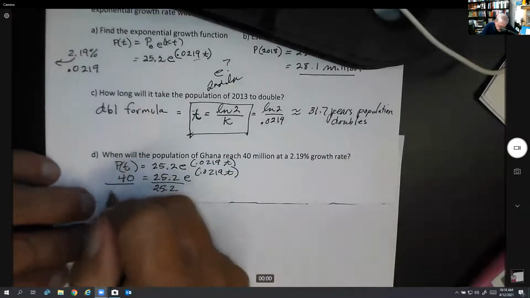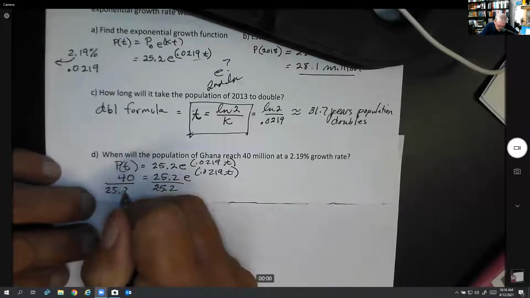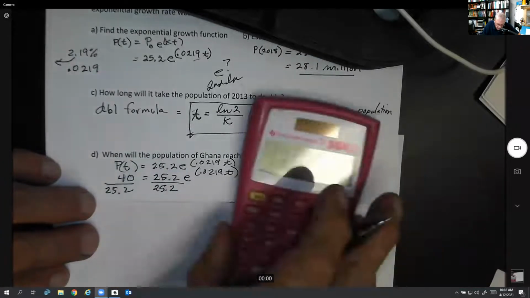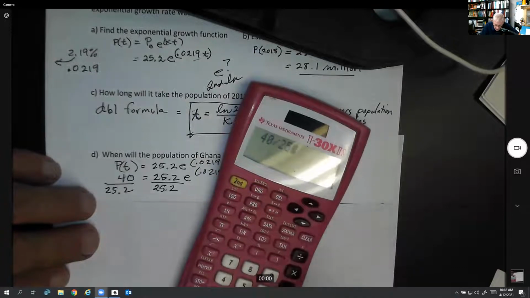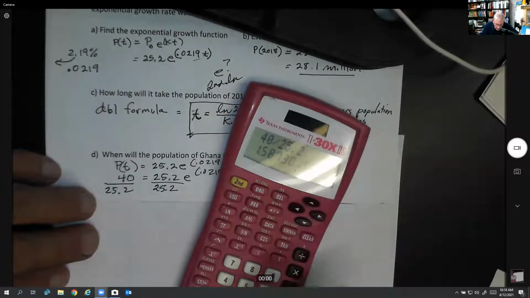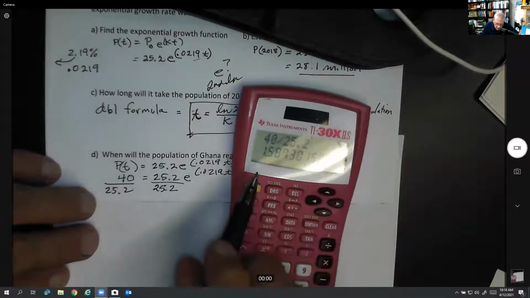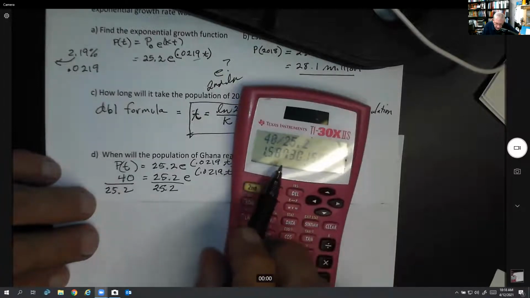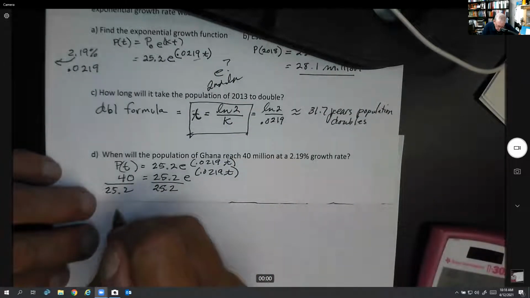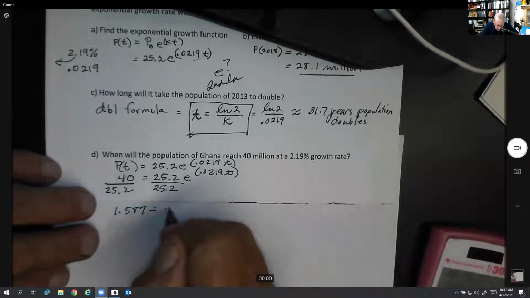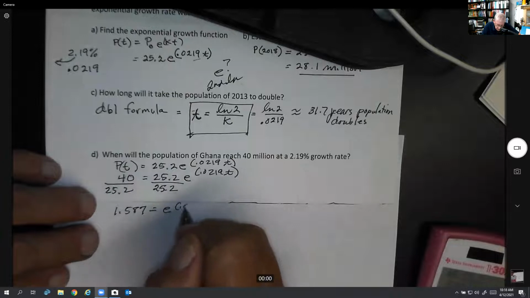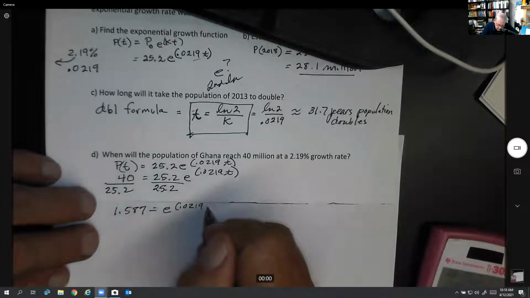And we divide both sides by 25.2. So let's do that right away. The book does it slightly different, but so we're rounded off to 1.587. That should be pretty accurate. Equals e to the 0.0219 t.